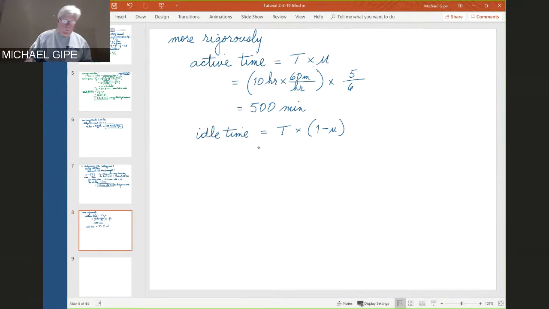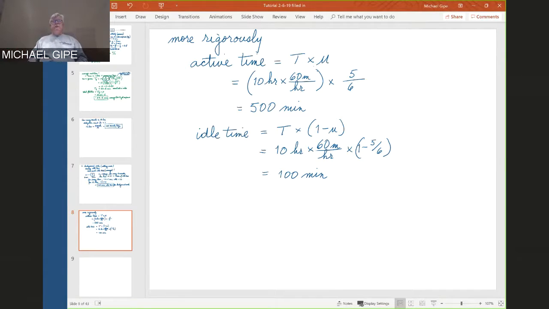And that will be 10 hours times 60 minutes per hour times 1 minus 5/6, and that equals 100 minutes. So in a 600-minute working day, he's got 500 minutes of actually responding to emails and 100 minutes of idle time that he can use for background work.